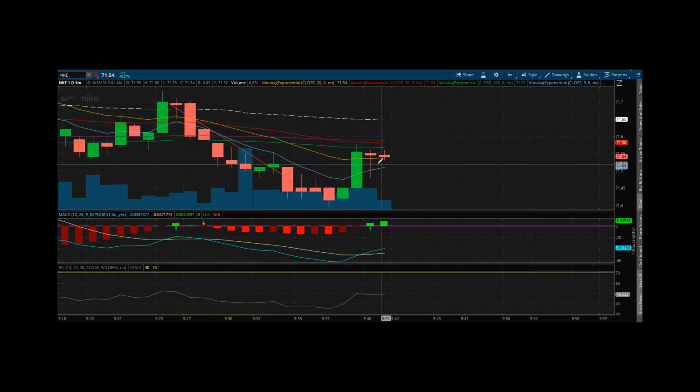But anyways, if you see this EMA line cross over this gold one, there's a good chance on the 1 minute chart that it will blow past these, and it will probably come up here and start bouncing off of this average for the VWAP. So right now, we'll just say the average for VWAP is 71.65.